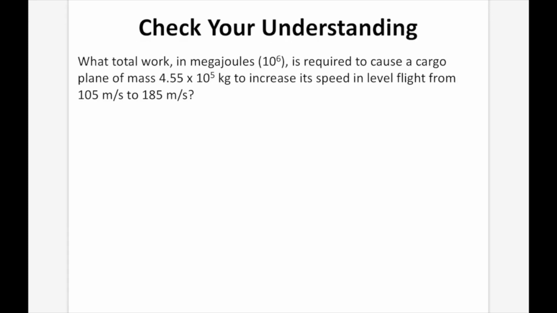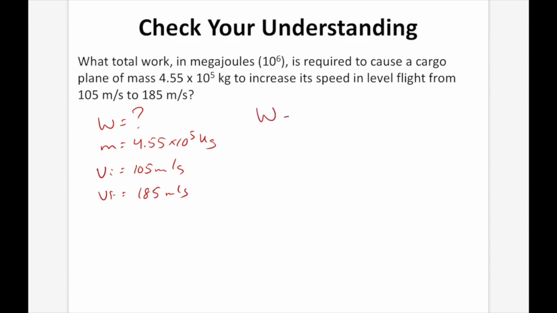Check your understanding. What total work in megajoules is required to cause a cargo plane of mass 4.55 times 10 to the 5 kilograms to increase its speed in level flight from 105 meters per second to 185 meters per second? So work is the question. The mass of the plane is 4.55 times 10 to the 5 kilograms. VI is 105 meters per second, and VF is 185 meters per second.